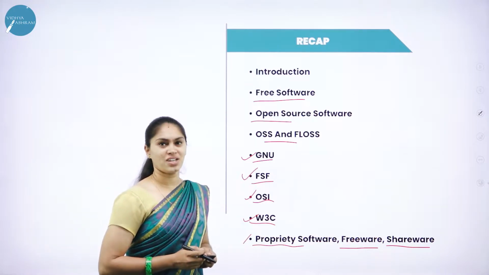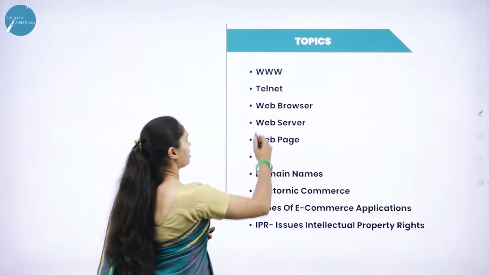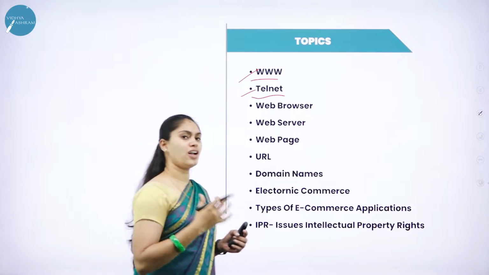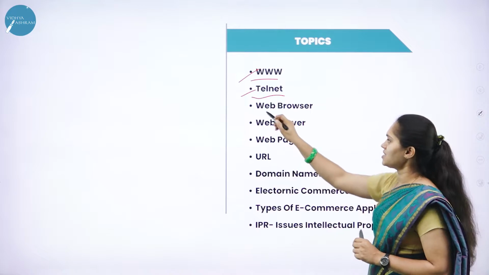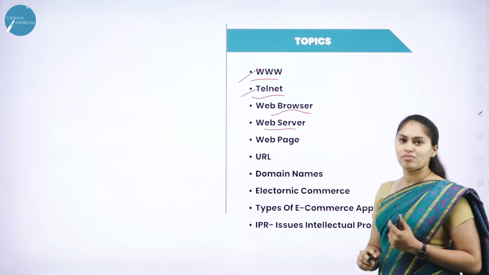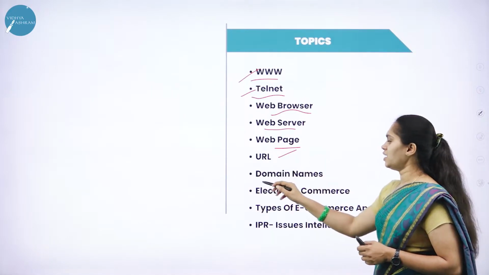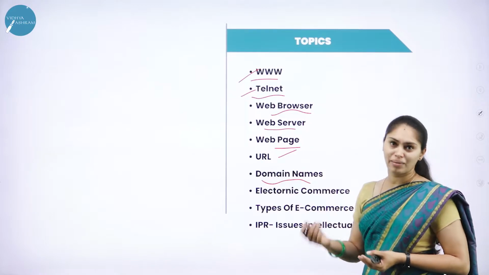In today's session, we will be discussing what we mean by WWW, that is World Wide Web, and also Telnet. And you already know about the web browser, but we are going to learn about the web browser and what we mean by web server, web page, and URL, then domain names, what examples and what domains we have.